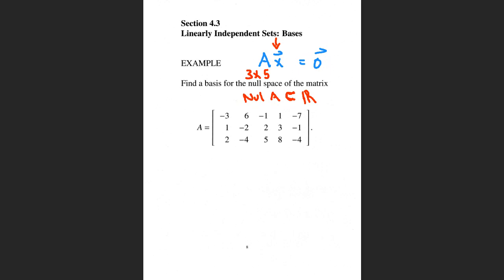Is this a matrix product on the left side here? Is this the product of two matrices? Yes or no? Do you agree we're multiplying the vector X by the matrix A?